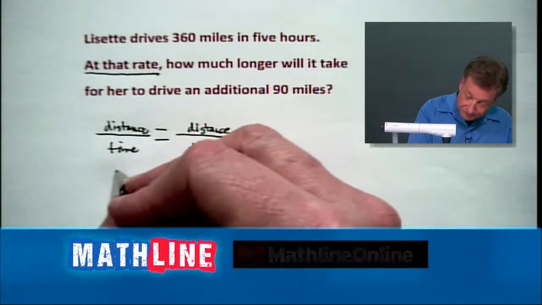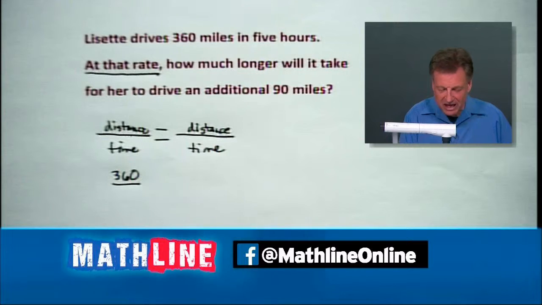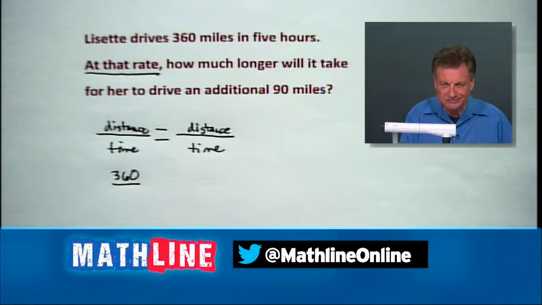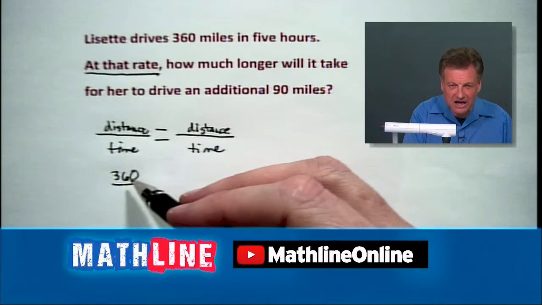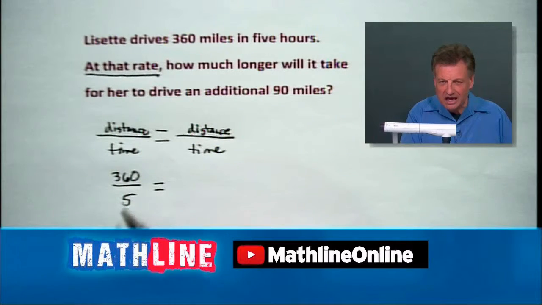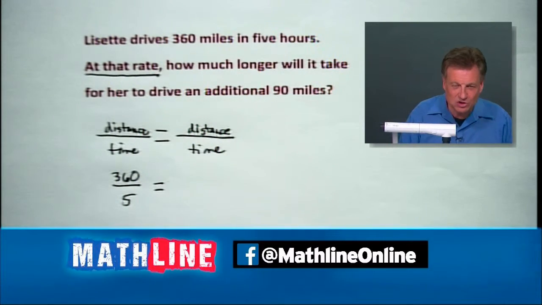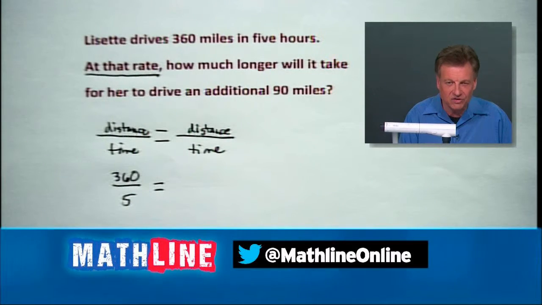We have 360, and we're going to divide that by how much? What do you think? I think y'all got where we're going. 5 hours, right? That'll come out even because 5 divides in with a 0. Notice that. That'll be good news because that's a good rate and a good ratio for us to work with.